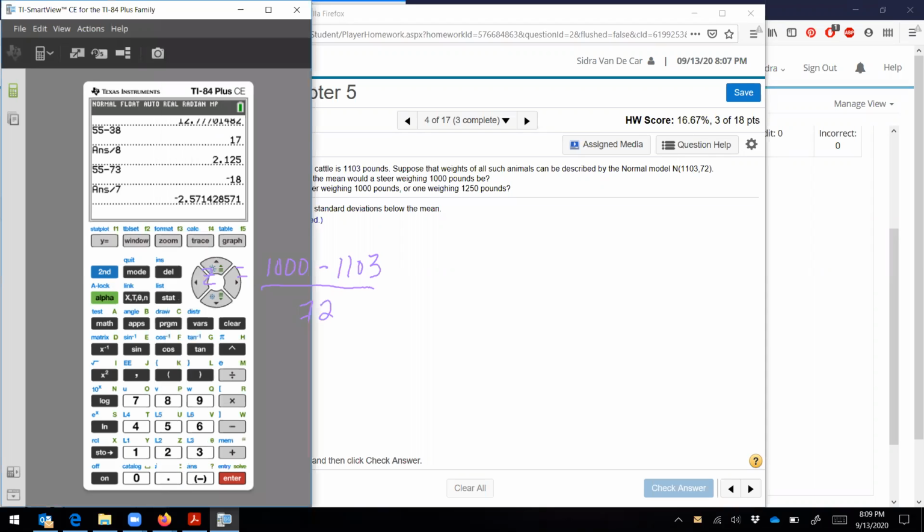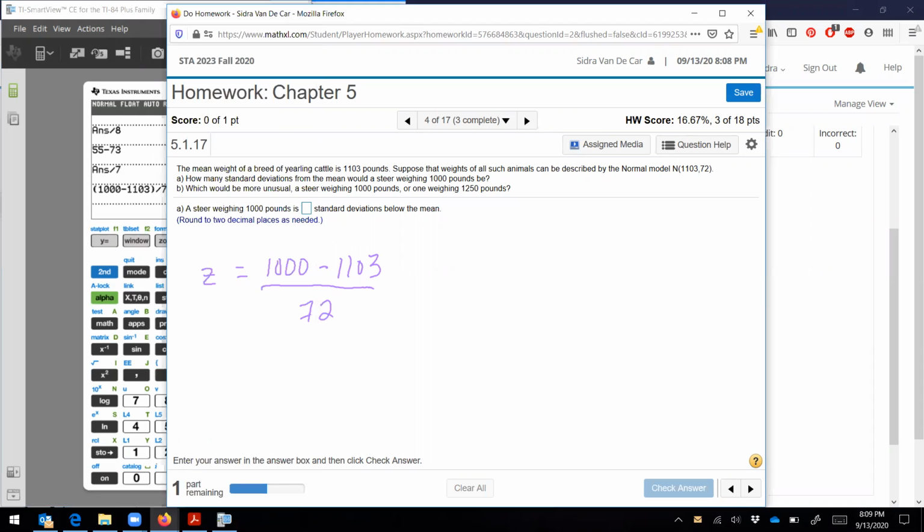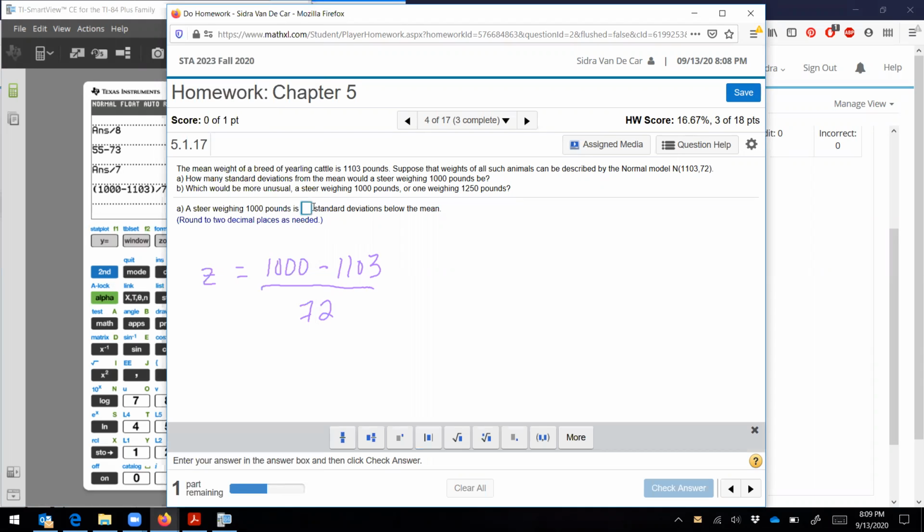Now I'm going to do this all in one, using parentheses: 1,000 minus 1103 and divide by 72. We get negative 1.43. I'm going to drop the negative because that's implied here with the below statement. So it's 1.43 below the mean.